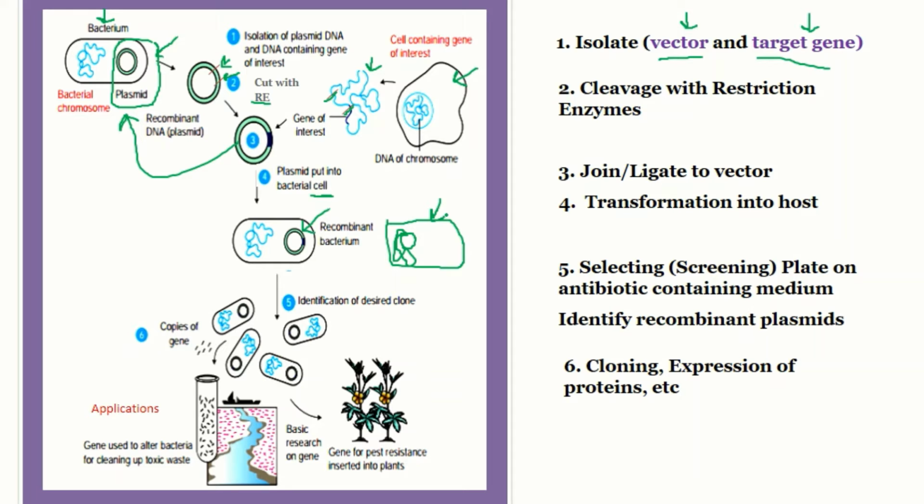So how do you select those that have picked up our recombinant plasmid and differentiate them from those that did not? We perform what we call screening or selecting. And here we usually use selectable markers.